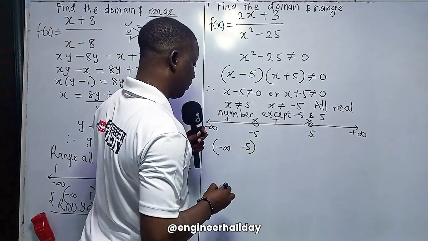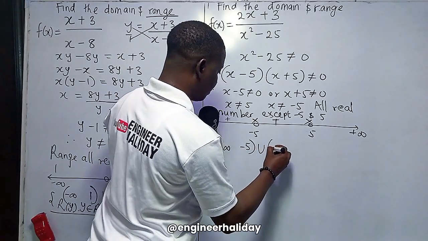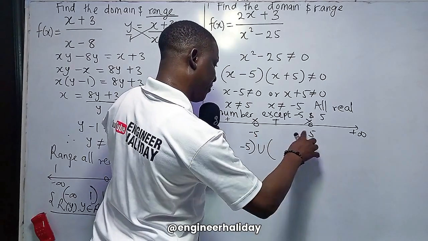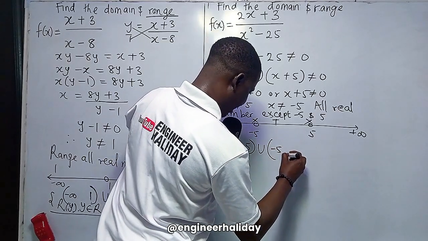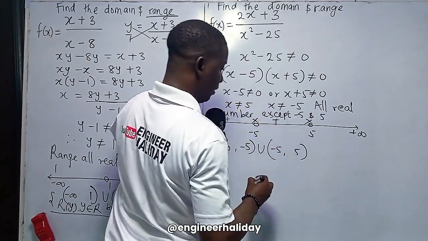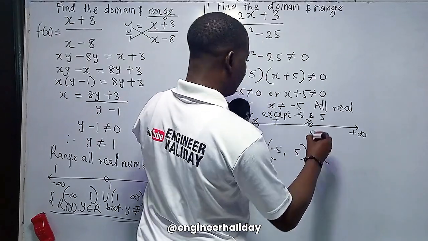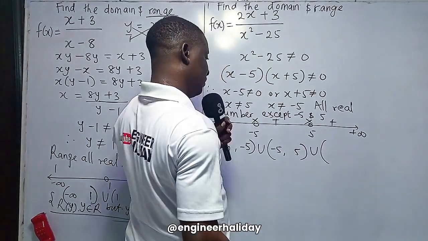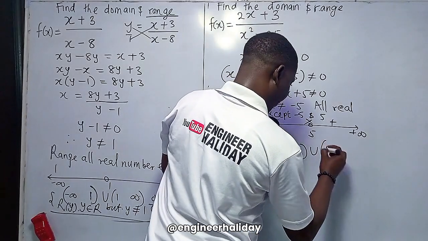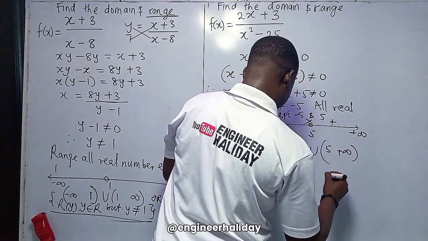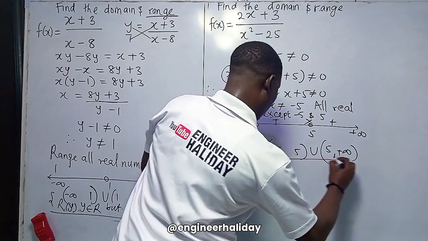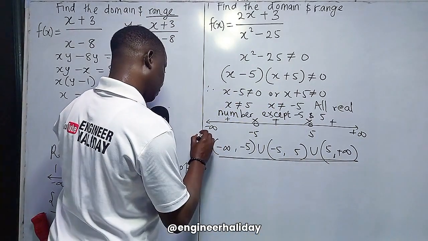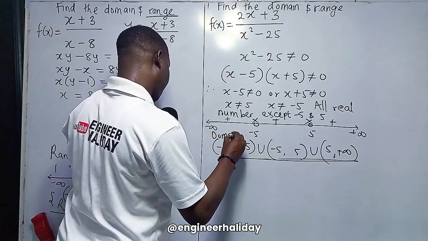So you do a separation, union, then between minus 5 and 5 is valid, then union between this is also valid, a positive result that is going to give us, so between 5 and positive infinity. So this will be your domain.